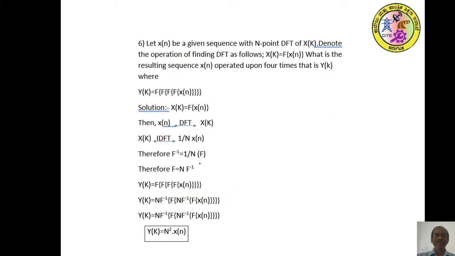A very important problem here is, we have a signal or sequence x(n), for which if I calculate the N-point DFT, I get an answer X(k). This relationship of calculating X(k) from x(n), they have denoted by a function, X(k) is equal to F of x(n), and you know that this function is a DFT function.